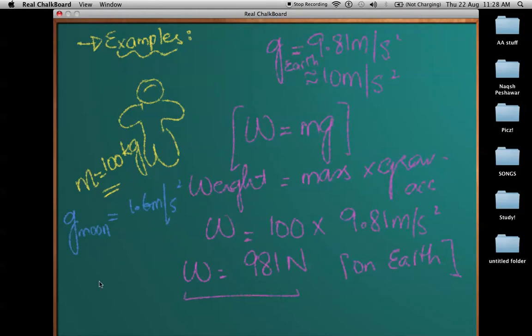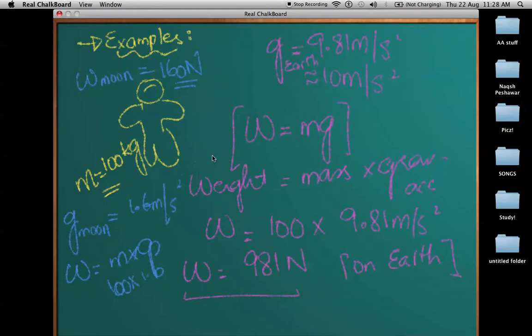So if it's talking about the weight, the weight of the astronaut would be mass times gravitational acceleration. Here the gravitational acceleration on the moon is 1.6, so the mass, 100, times 1.6. So the weight on the moon of the same astronaut is 160 newtons.